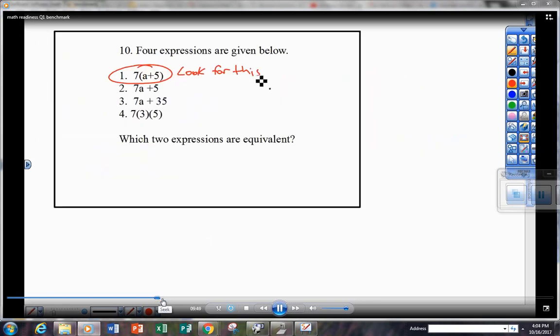Alright, problem number 10. For this one, my key is to first look for the problem that looks like distribute. In the distributive property, when you have a number out front of parentheses with 2 or more things being added or subtracted, look for that. None of these other ones have that distributive property look. Once you can lock onto that, distribute it.